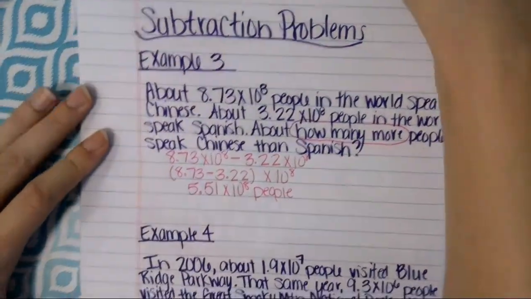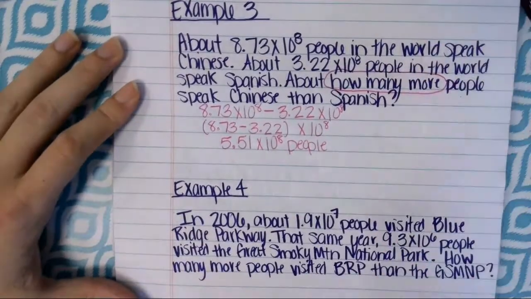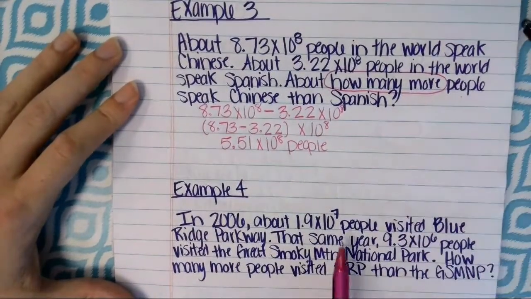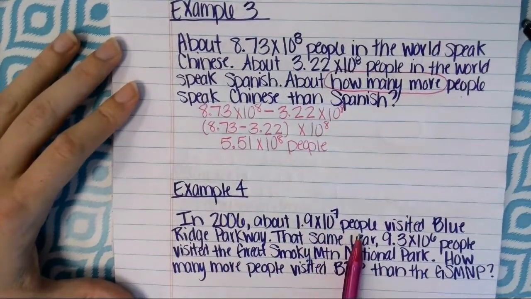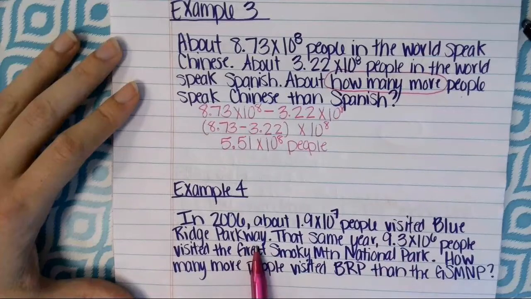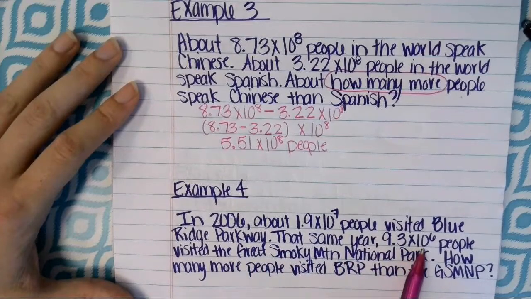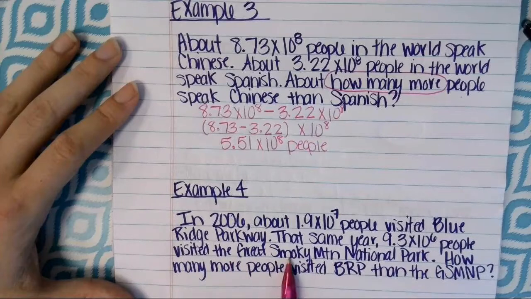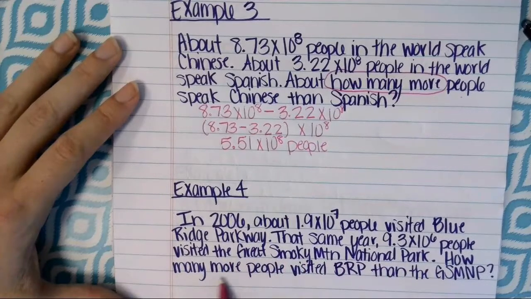Example 4, it says, in 2006, about 1.9 times 10 to the 7th people visited Blue Ridge Parkway. That same year, 9.3 times 10 to the 6th people visited the Great Smoky Mountain National Park. How many more people visited Blue Ridge Parkway than the Great Smoky Mountain National Park?